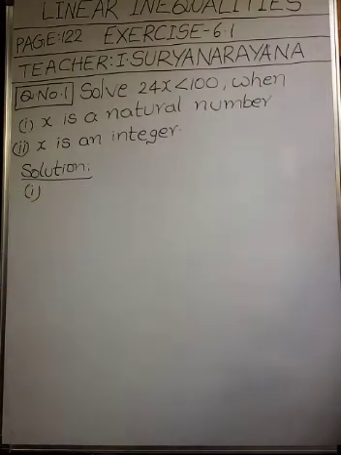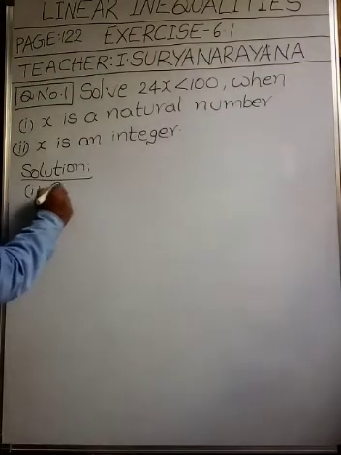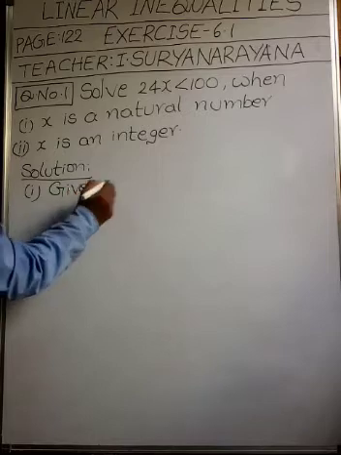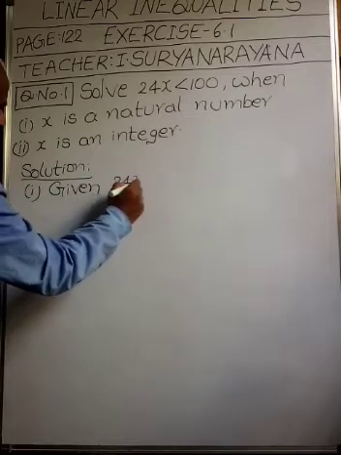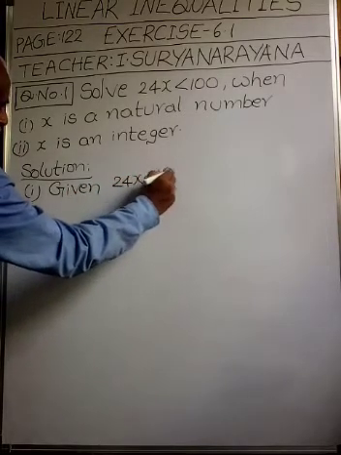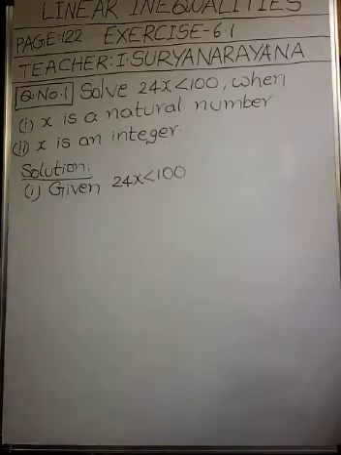Now let us solve the first part. First, let us write the given inequality. Given 24x less than 100. We have to solve this inequality.